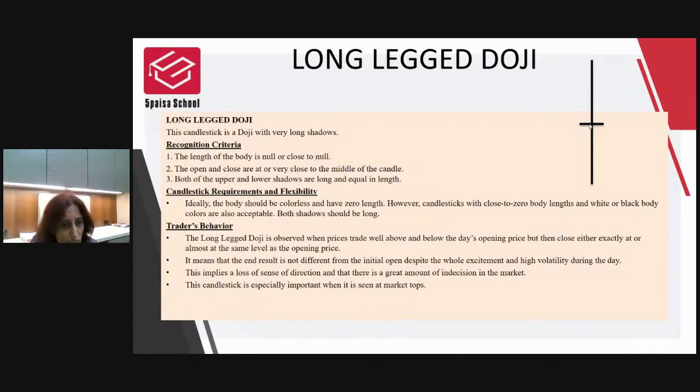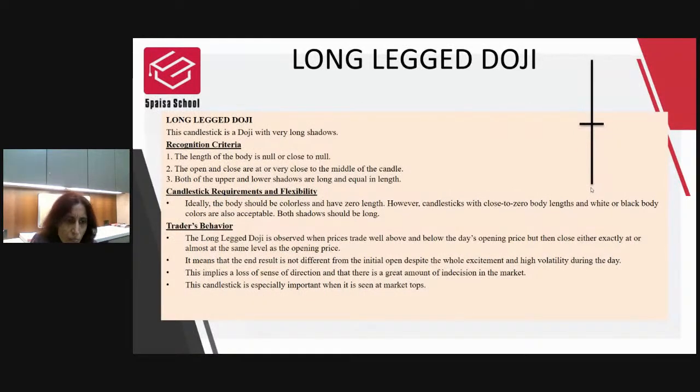So what does it mean? It means that the end result is not different from the initial open despite the whole excitement and high volatility which existed during it. This was the highest price, this was the lowest price, which indicates that the day's range was very, very high and thereby indicates very high volatility during the day.